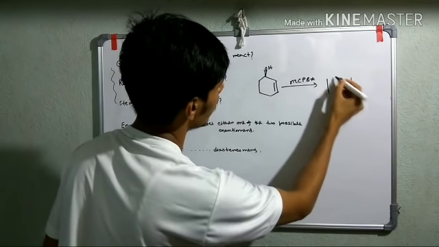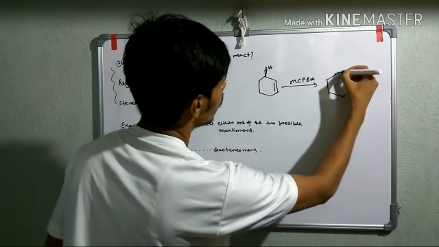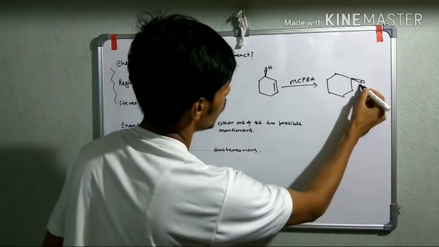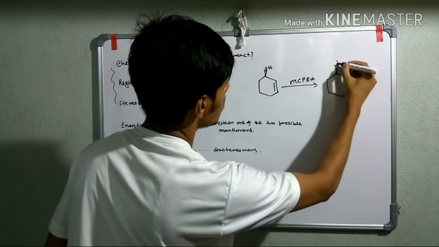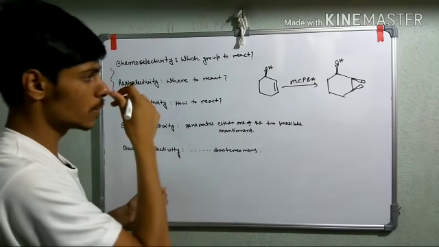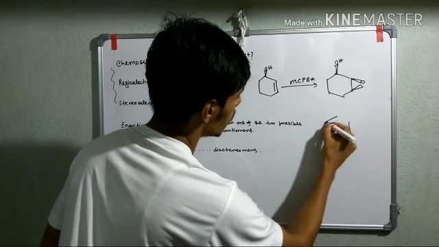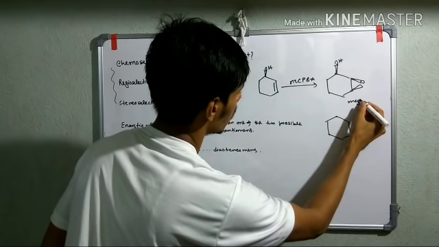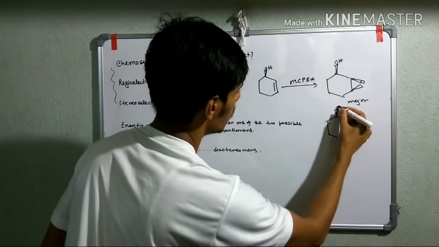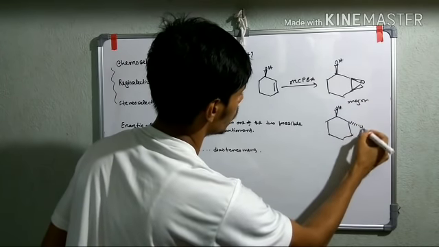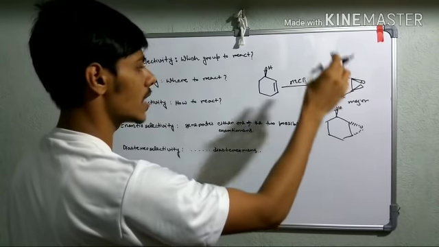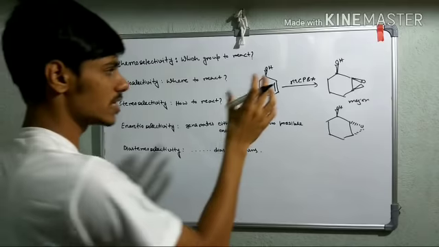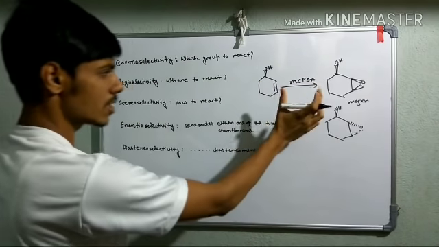In this case you know that chelation will occur and you will get this as the major product, where your epoxide will form on the same side where the OH group is. This is your major product, and this will be your minor product. Actually, the amount of this product will be very less, almost exclusively you will get this product, but again there is a major and minor. So this is called a diastereoselective reaction.